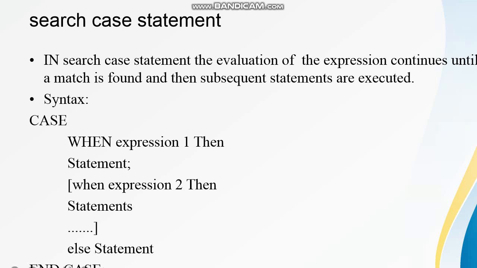Here you can see the syntax: case when expression 1, then execute the statement. When expression 2, if expression 1 is not met, then evaluate expression 2. If this is met, then that particular statement is executed. If none of the expressions evaluates to true, then the else statement is executed, right?